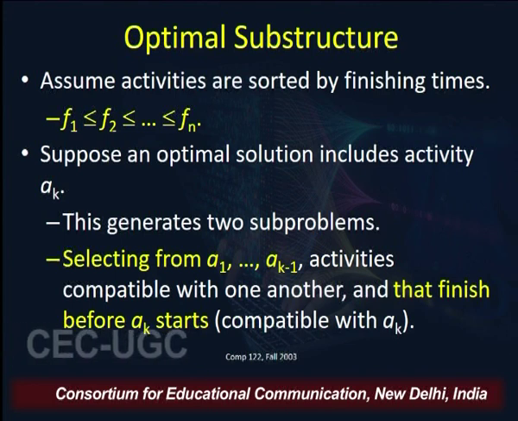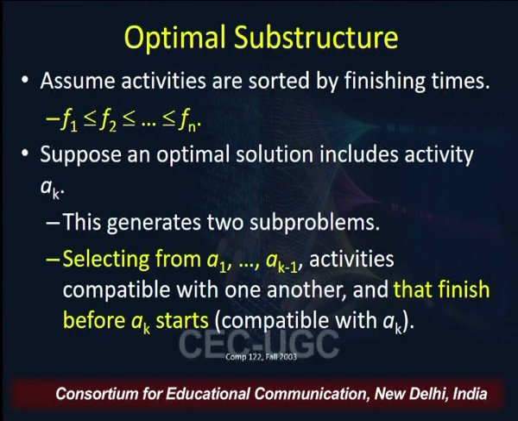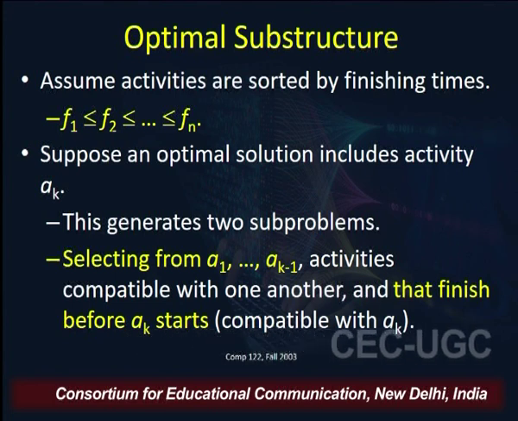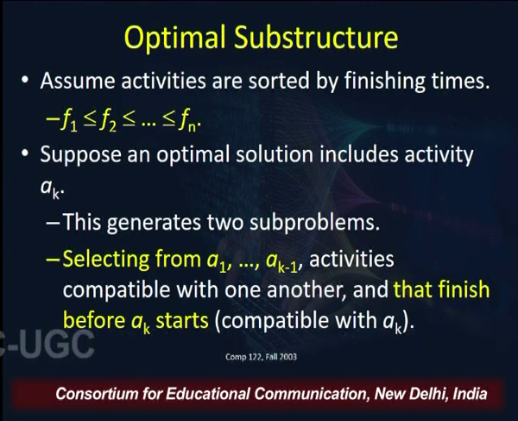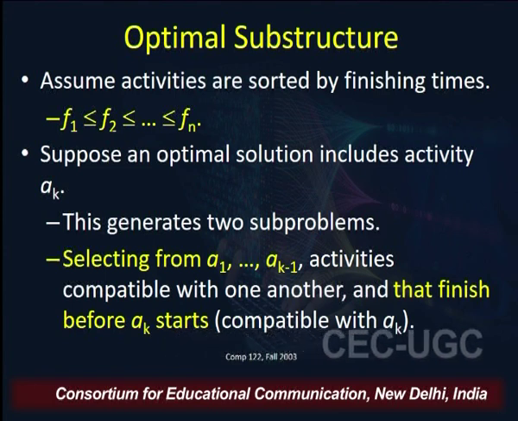The first is we need to select from A1 to AK minus 1 the activities which are compatible with one another and that finish before AK starts. That means they should be compatible with AK.